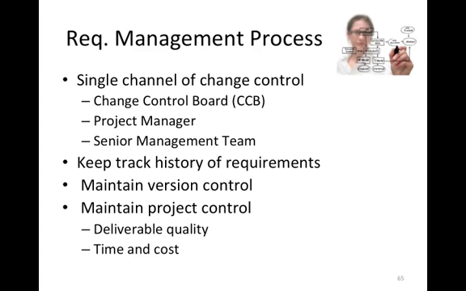It is important for everyone who works on the project to know if a new version has come out. It is the responsibility of all the people on the team to check that they have the most current version of any use case. It's how a project manager, it's how an organization can maintain quality control, quality of the deliverables, quality of the project, meeting a project within time and cost.